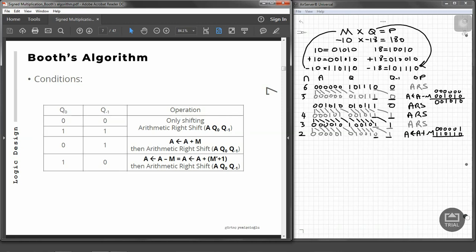So that is going to give us 1 1 1 0 1 1.